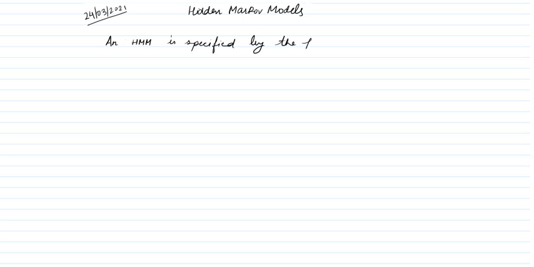So a hidden Markov model, an HMM, is specified by the following components.